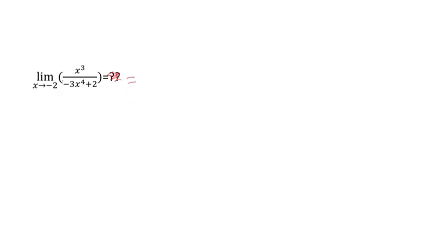So now we're trying to evaluate the limit of x cubed divided by negative 3 times x to the power of 4 plus 2 as x approaches negative 2. So the first step, you write out the equation: x cubed divided by negative 3 x to the 4th power plus 2.